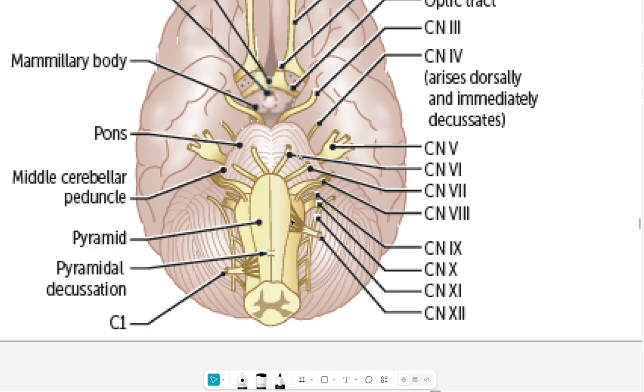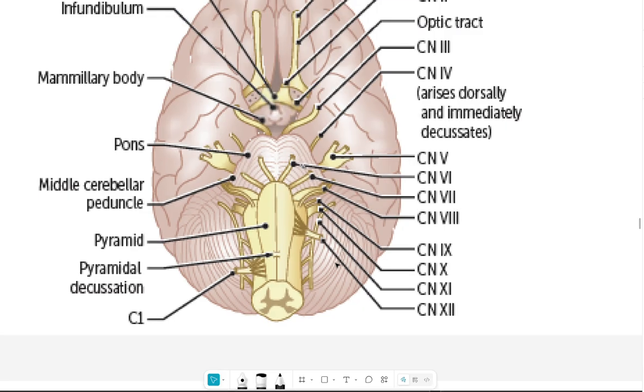And then the rest of them exit behind the olive. The cranial nerve 9, 10, and 11, you can see they're coming from behind the olive, from the post-olivary sulcus. So there's a pre-olivary sulcus where the cranial nerve 12 is coming off from, and the post-olivary sulcus, where cranial nerve 9, 10, and 11 are coming off behind it.